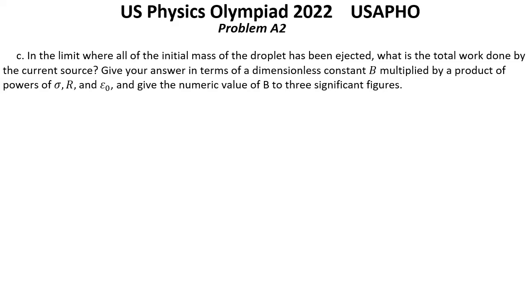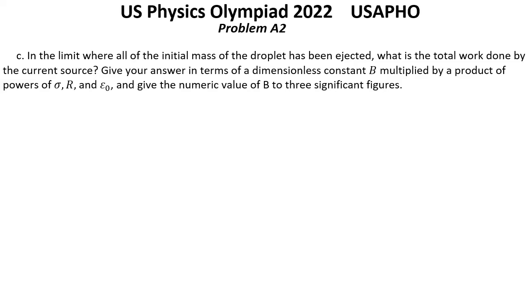We could suggest that one remaining droplet is not moving. In that case, all kinetic energy was received by the moving away droplets. So in that case we don't need to count the initial potential energy of the initial not charged droplet, 4 pi R square sigma, because we just need to count the remaining energies for the droplet.